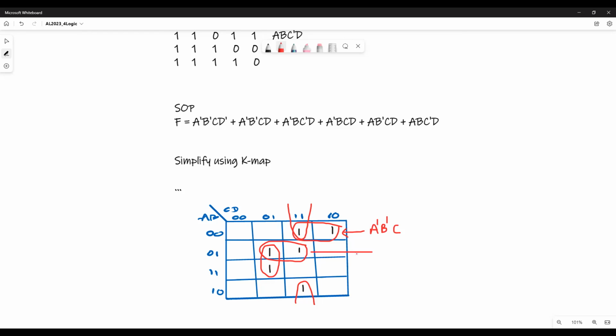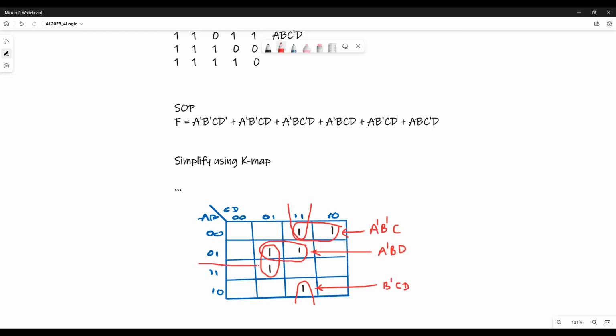And here we have A dash B, then we have D, then if you take these 2, that is CD, from here we will get B dash, so it should be B dash CD, right?